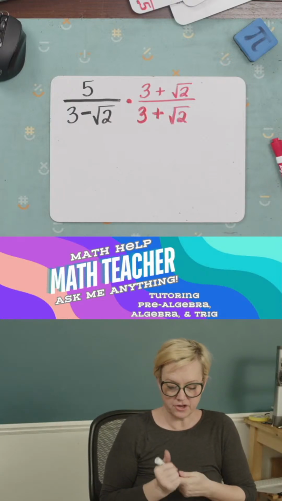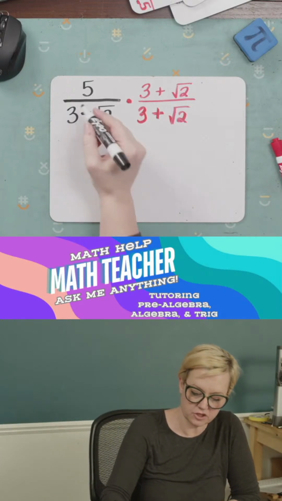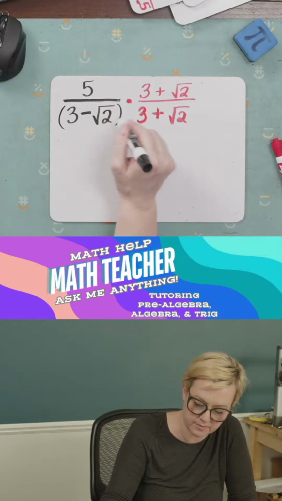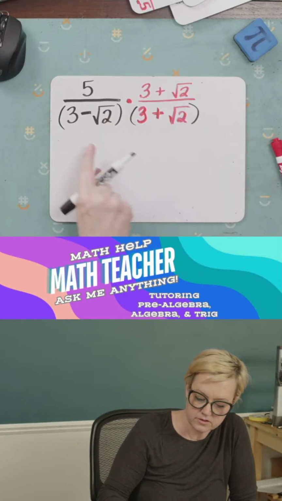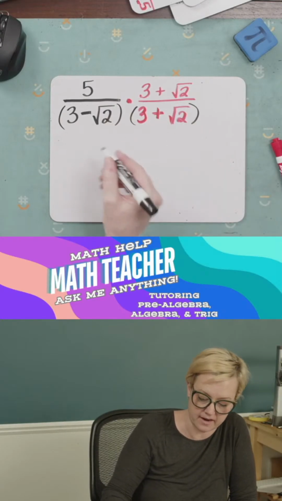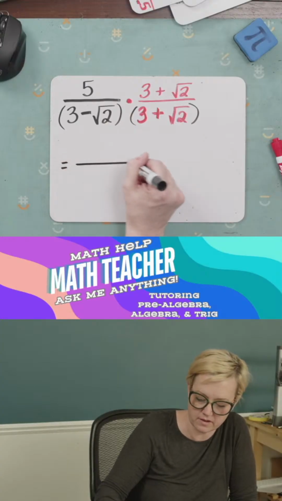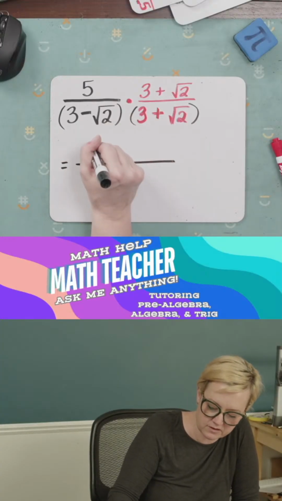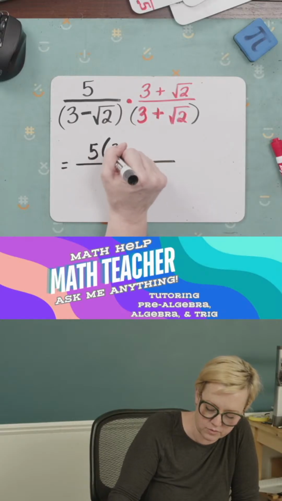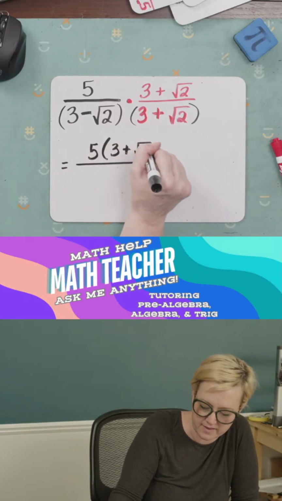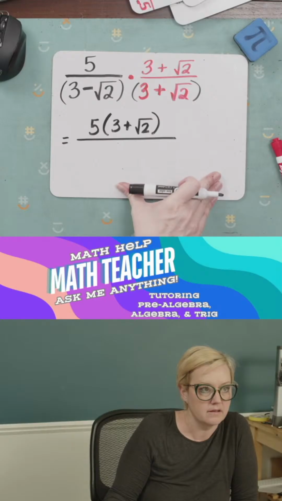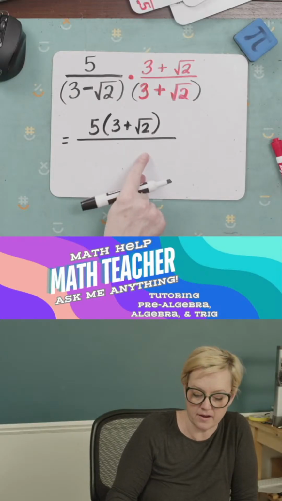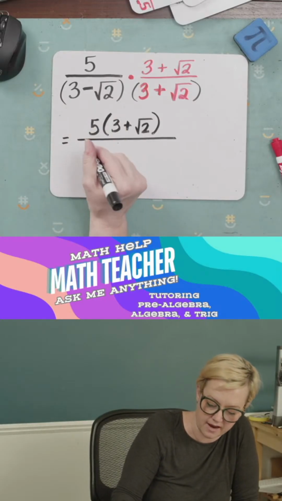So what that's going to do is give me two binomials that I'm multiplying. What we've got on the top is 5 times 3 plus root 2, right? I'm just going to go ahead and write that in. Now on the bottom, I'm going to do 3 times 3, which is 9.